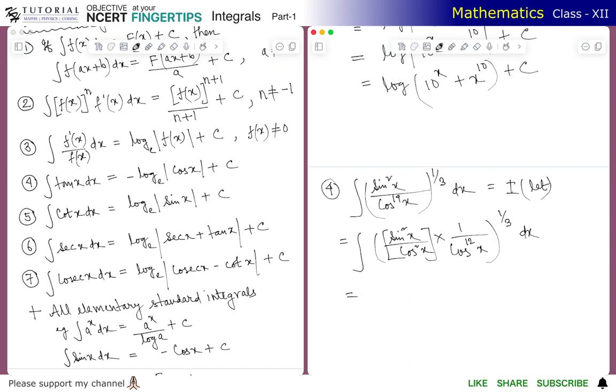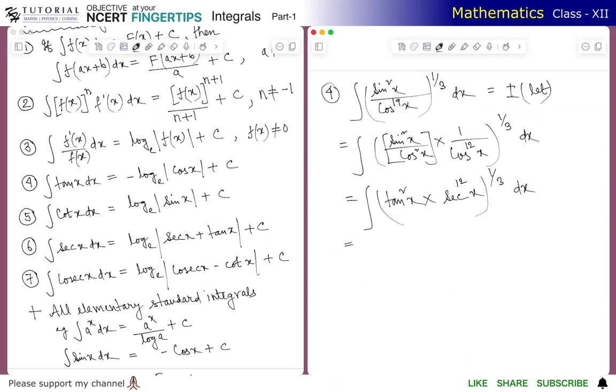So this becomes essentially tan square x into 1 by, okay, this becomes (sec x to the power 12) whole to the power 3.